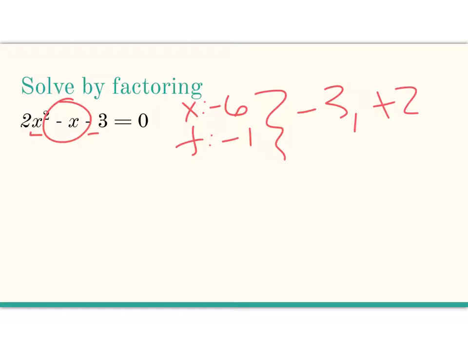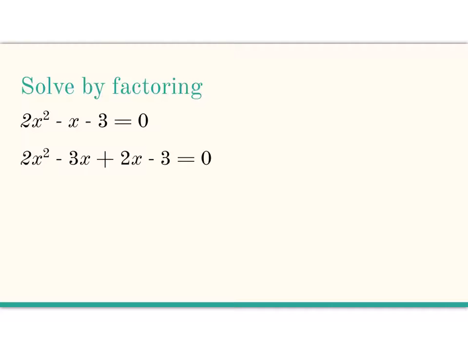And as we've done before, we're going to keep the quadratic term and the constant term the same, and we're going to unsimplify the linear term. So that minus x is going to become negative 3x plus 2x. So now we have 2x squared minus 3x plus 2x minus 3, and we'll do 2 by 2 factoring by grouping.